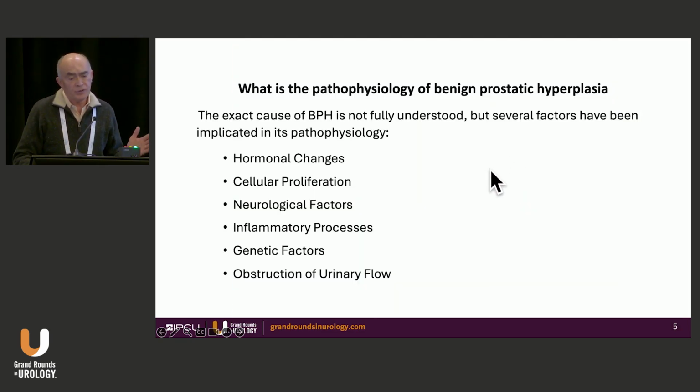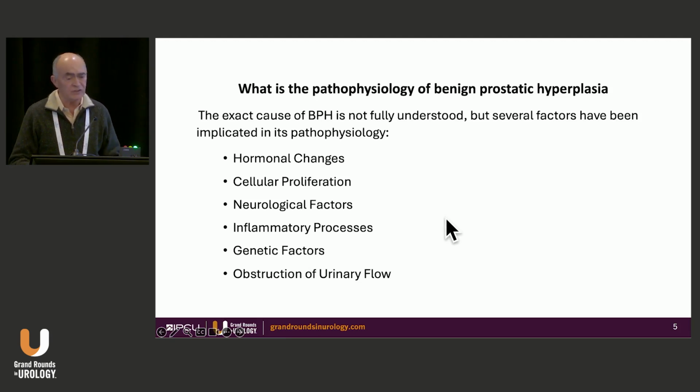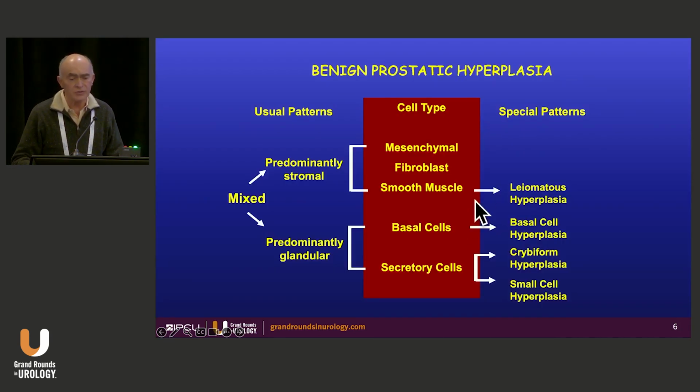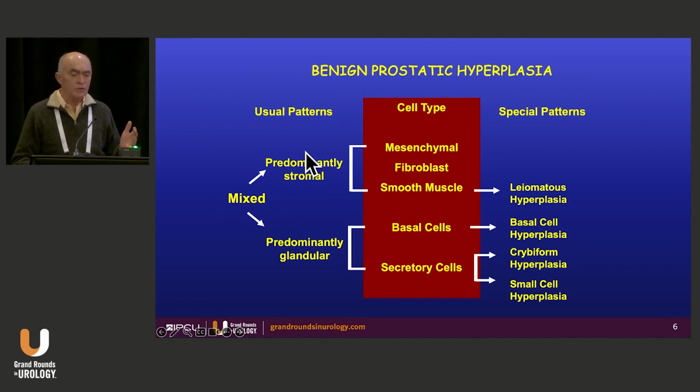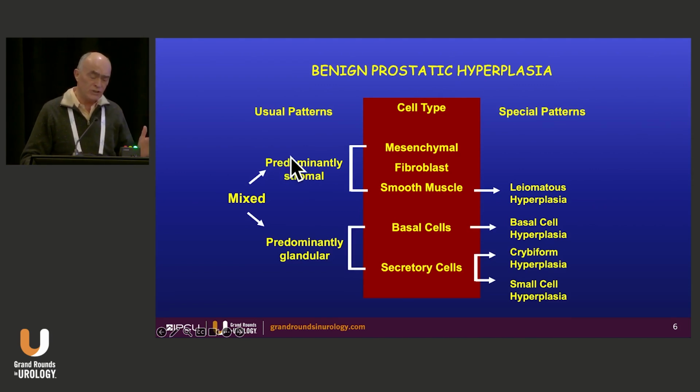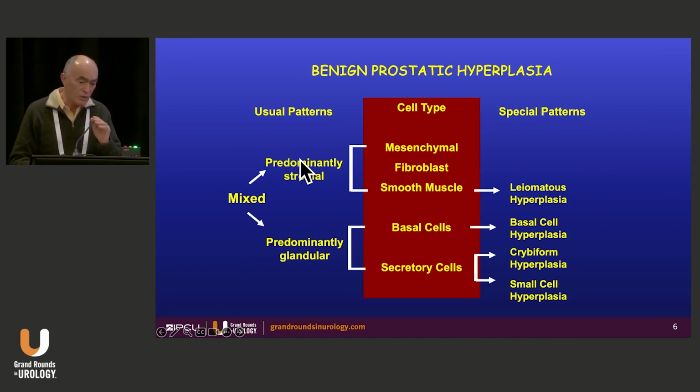So the pathophysiology is not well understood, but we know that there are different factors that are going to be included in the development of this, in addition to the genetic factors. The usual pattern is mixed, with predominant stromal hyperplasia. This is both the fibroconnective tissue and the smooth muscle that are going to be enlarged.